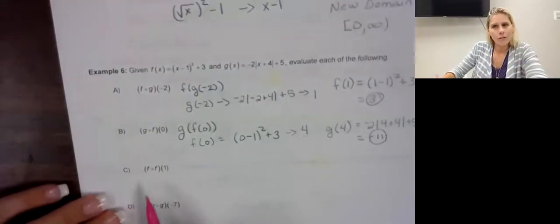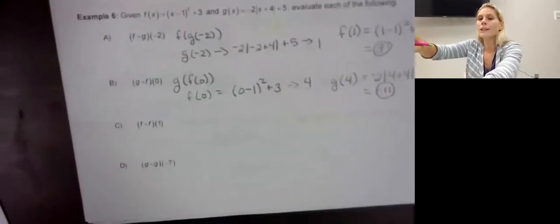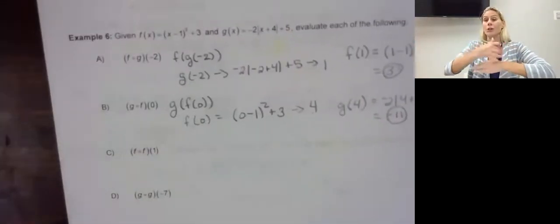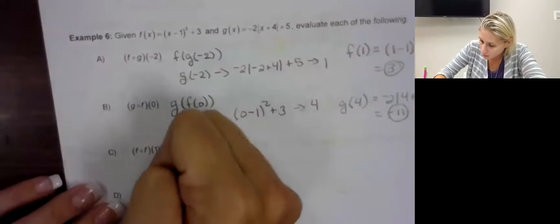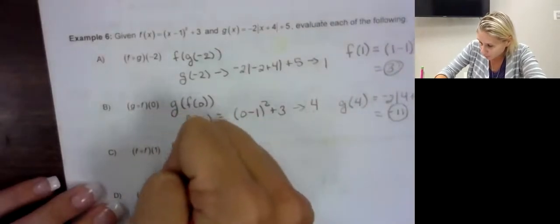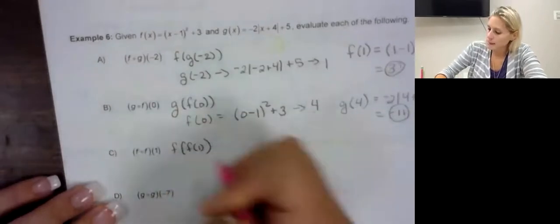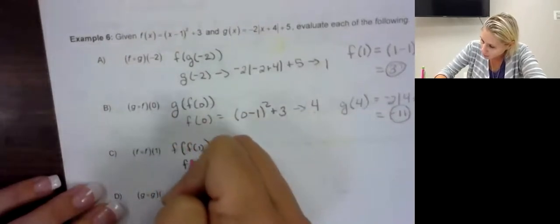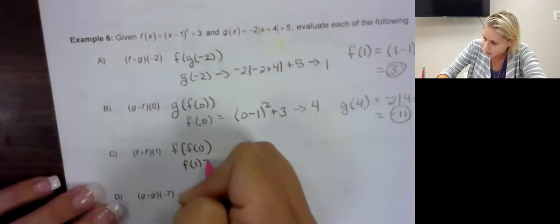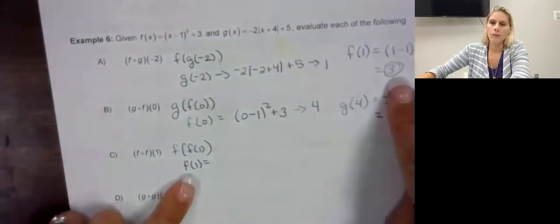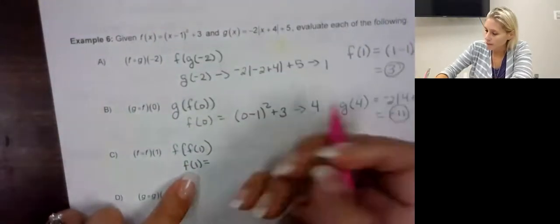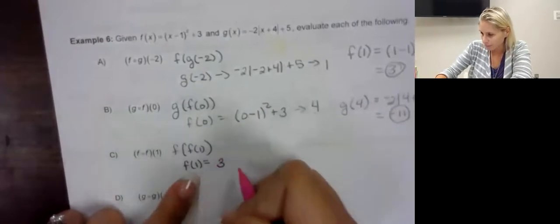Okay, this is kind of a different format, right? But it's just saying we're going in the function twice. So again, I'm still going to rewrite it. f of f of 1. Work my inside first. So f of 1 equals, well, guys, we already did the math over here. So I'm just going to use that value. We know f of 1 is 3.